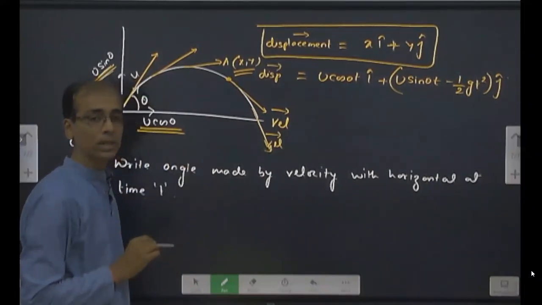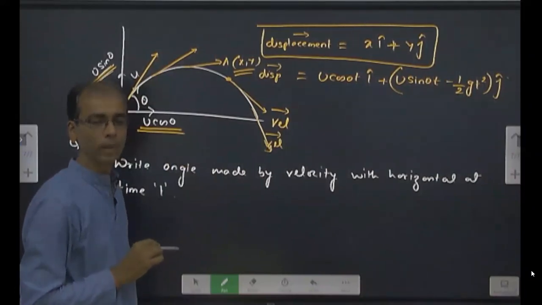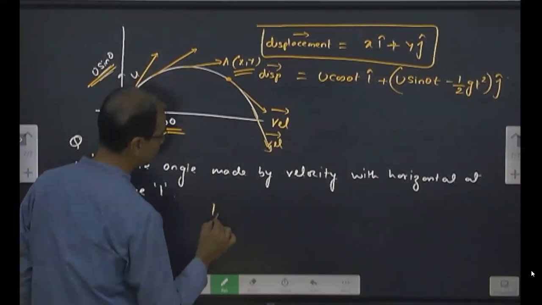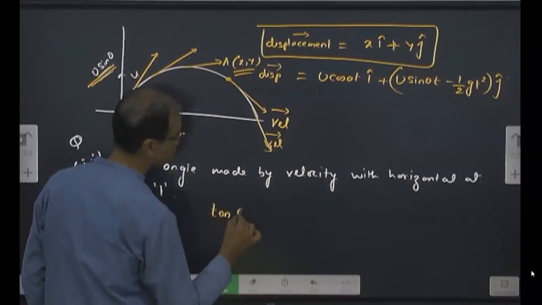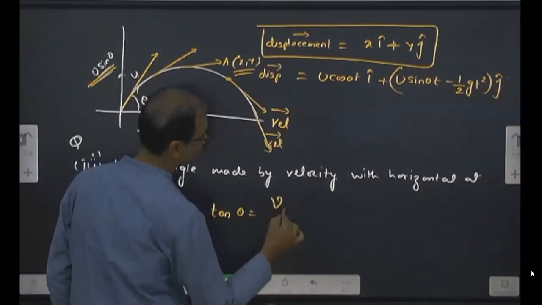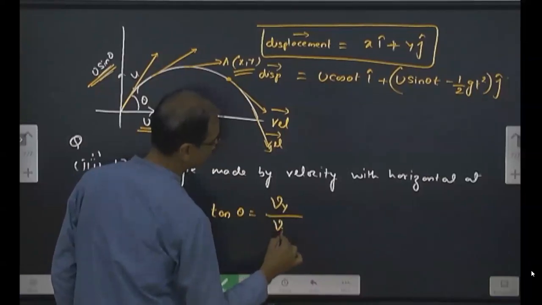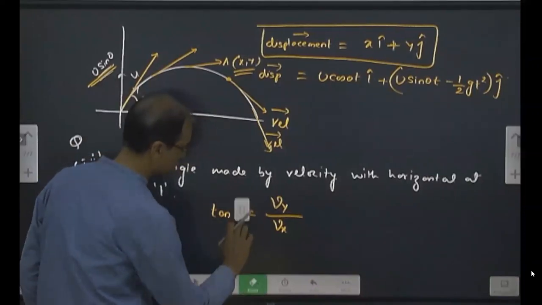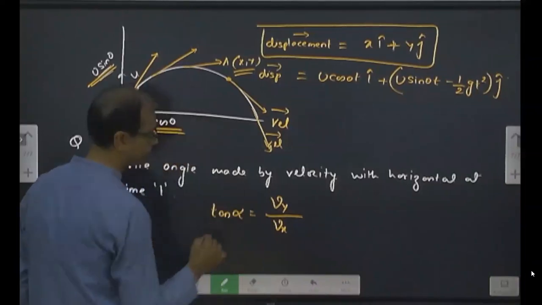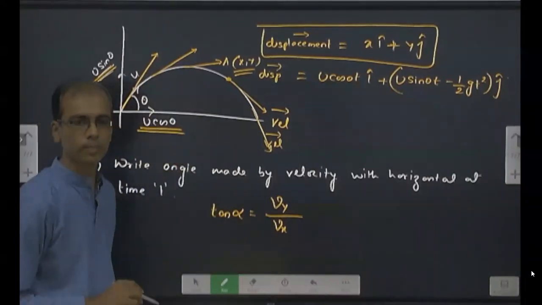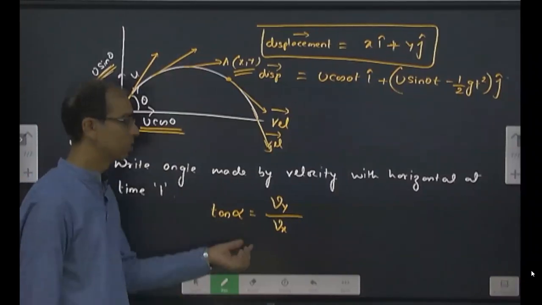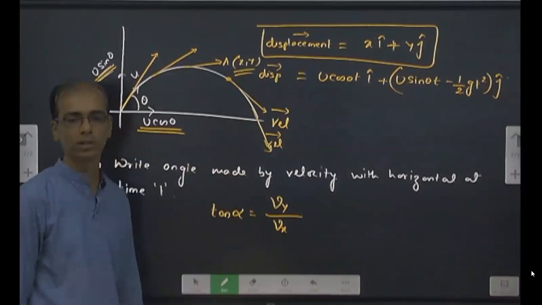To find the angle made with horizontal, tan of the angle, suppose it's alpha, is vertical component of velocity by horizontal component.